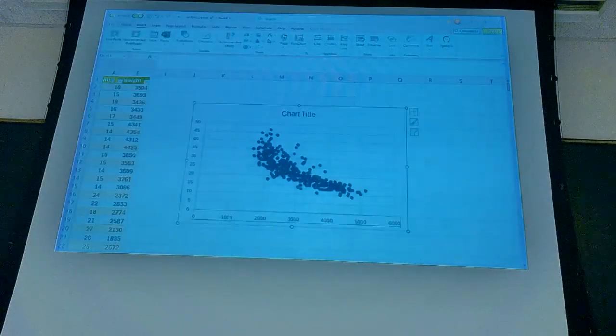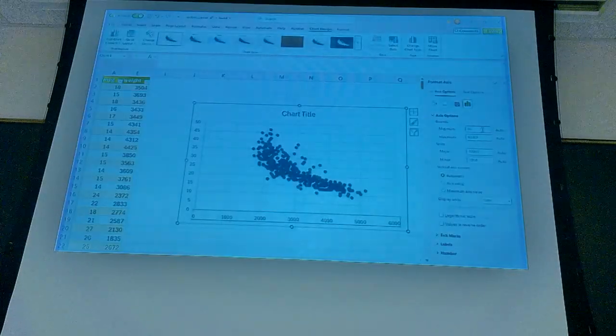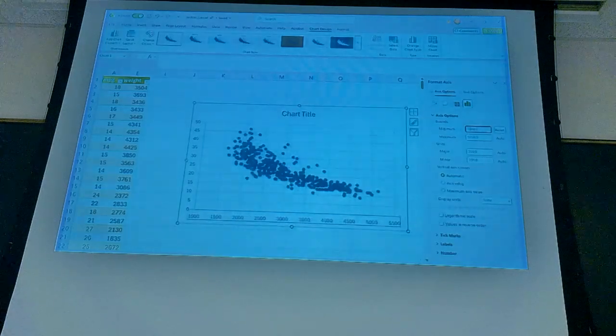Maybe go 1,000 to 6,000. Doesn't hurt to do it in this case, because you're not really going to mislead anyone. It's just zooming in, right? The pattern is still the same. Yeah, I think that looks better. So that's what I'm going to do.